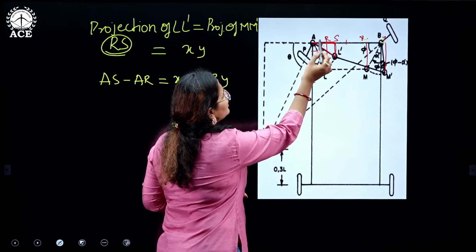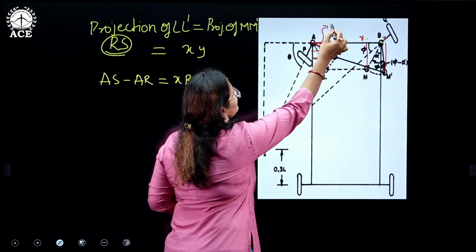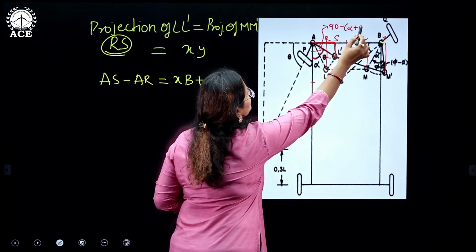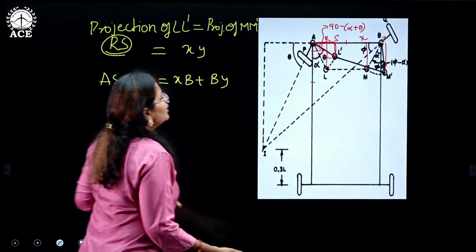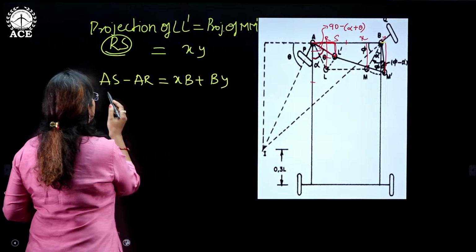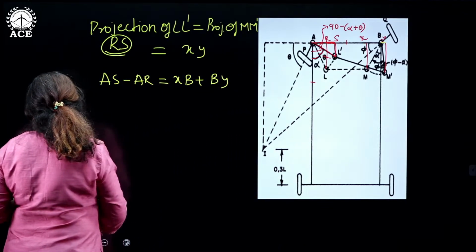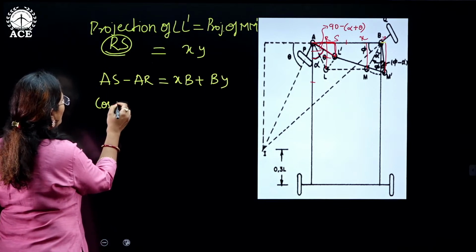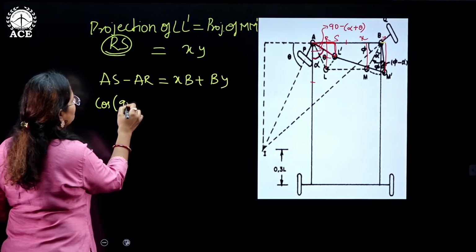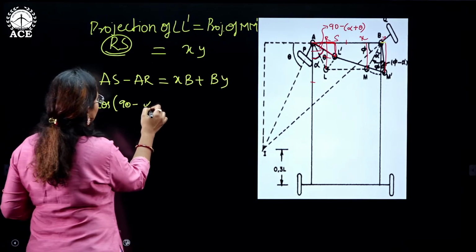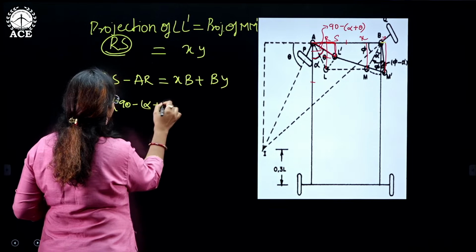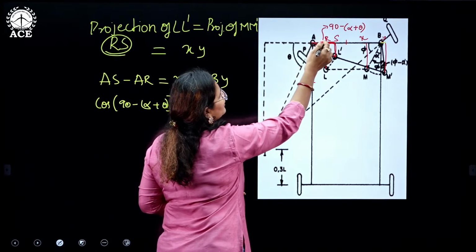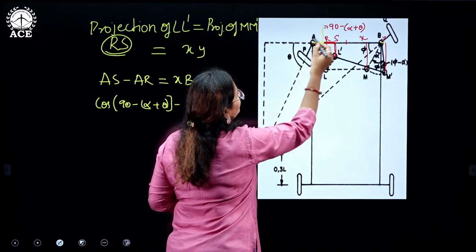So what will be this one? This one will be 90 minus alpha plus theta. So I want AS. So AS is going to be the adjacent part. So AS follows the cos condition. Cos of 90 minus alpha plus theta, minus AR is this condition.